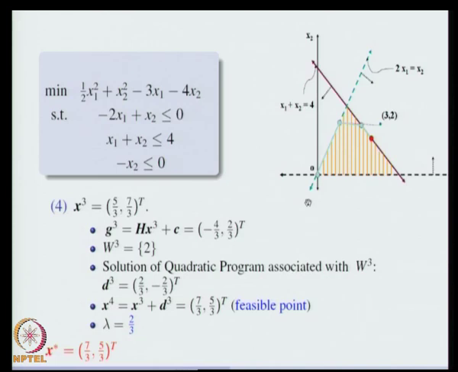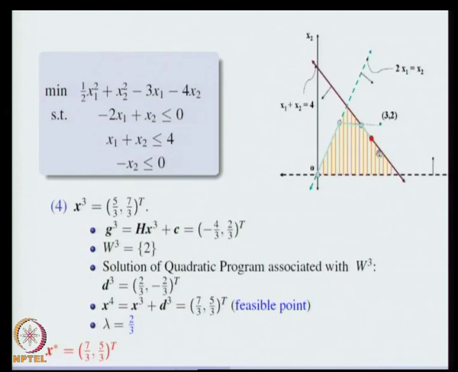Now, if you look at the path that we followed, we started from this point, then came to this point. From this, we reached the point 3, 2, which was outside the feasible region. So, we backtracked, came back to this point, which is on the feasible region, and at this point only the second constraint was active. So, we found the direction d.